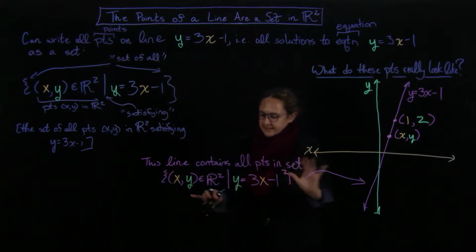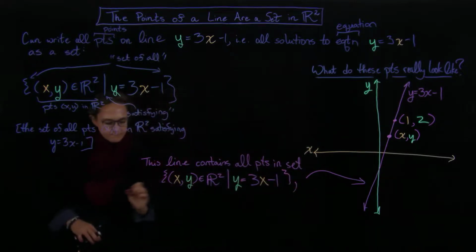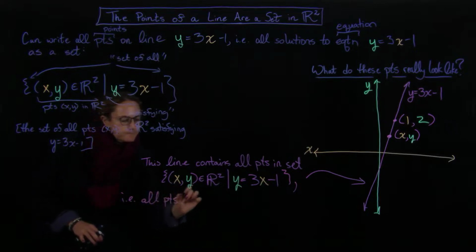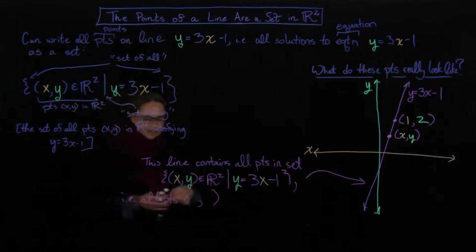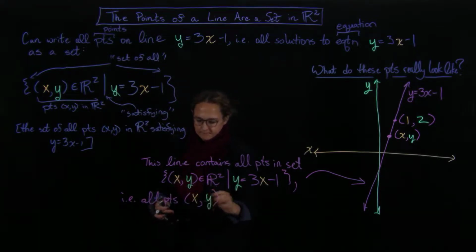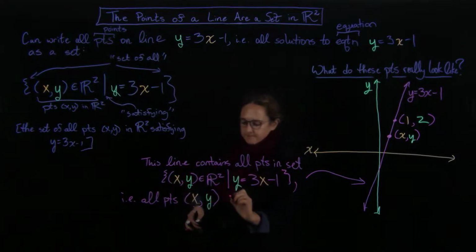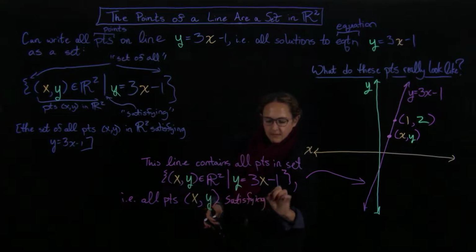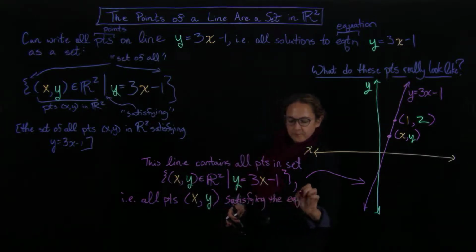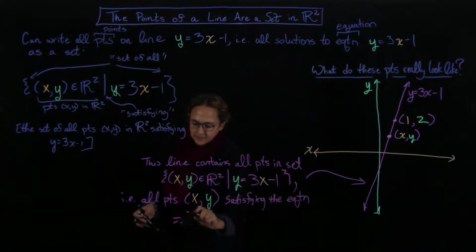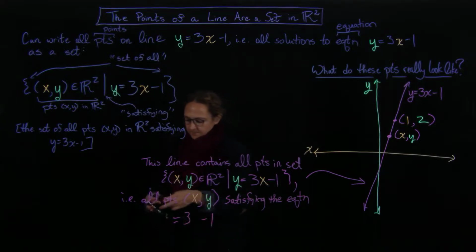So it's precisely this set, i.e. all points xy satisfying the equation, which is the same equation we've been talking about: y equals 3x minus 1.